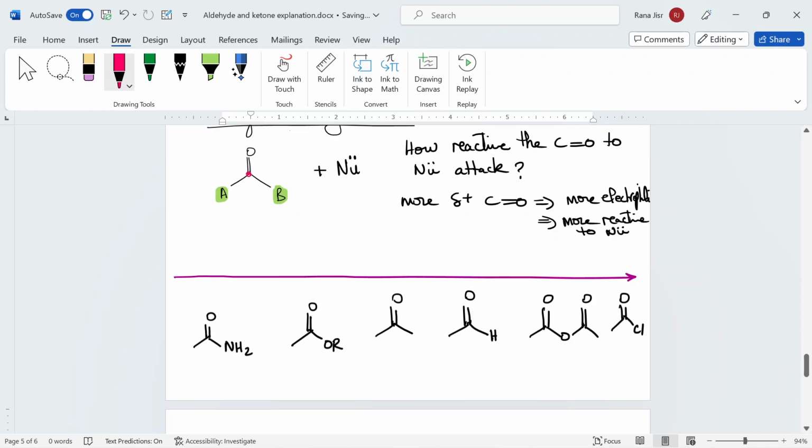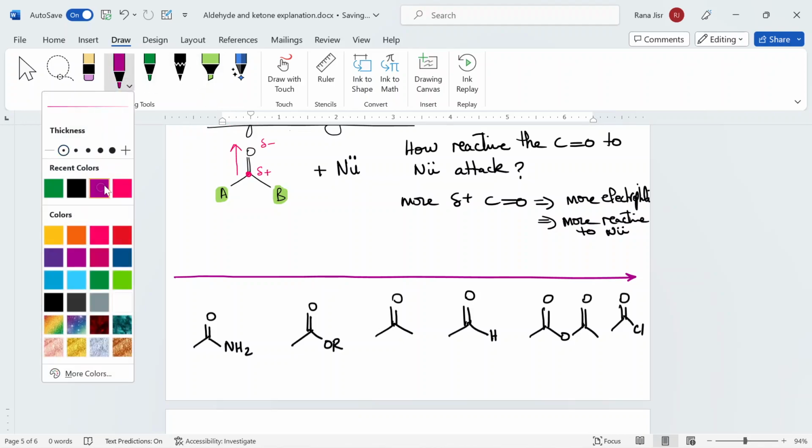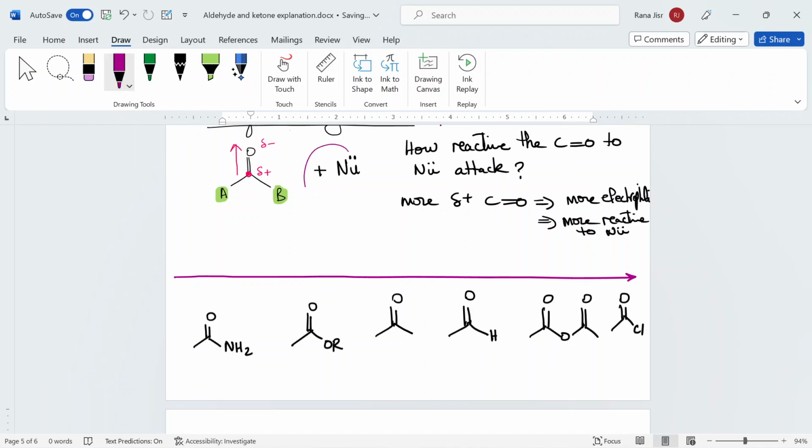If we look at the direction of polarization of the carbonyl, the carbon is partial positive and the oxygen is partial negative. So the more partial positive the carbon is, the higher the possibility of the nucleophile coming, attacking the carbon, and forming a negative charge on the oxygen.